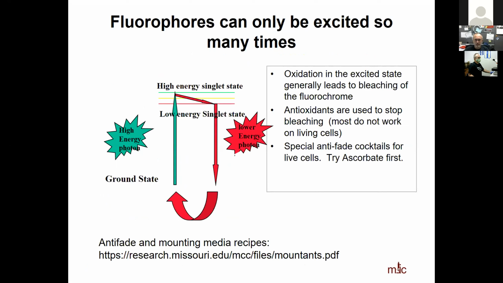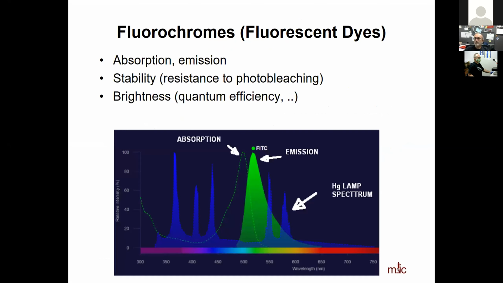That's why a lot of the microscopy mounting media contain some sort of an antioxidant or scavenger of molecular oxygen. For live cells, you have some special cocktails that contain either the oxygenase enzymes or even just the vitamin C, ascorbic acid. And if you were looking for recipes for some of these mounting media, there is a link here at the bottom.